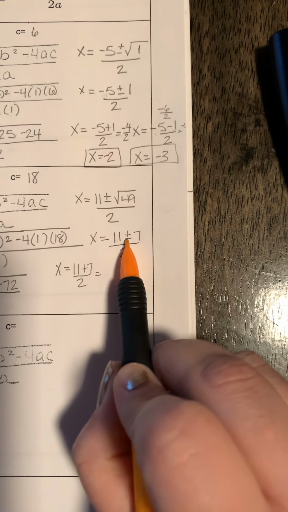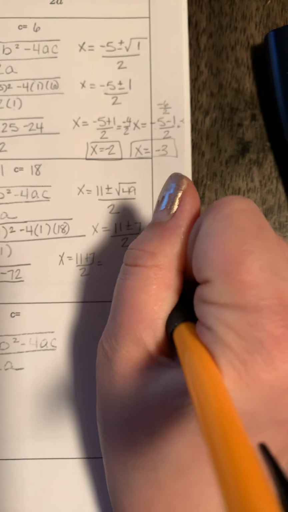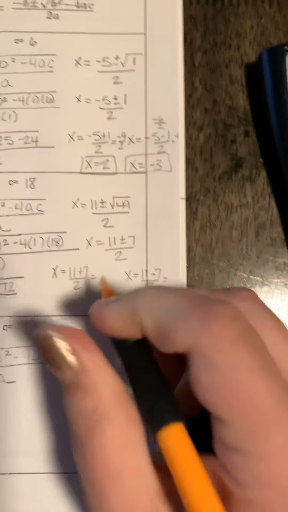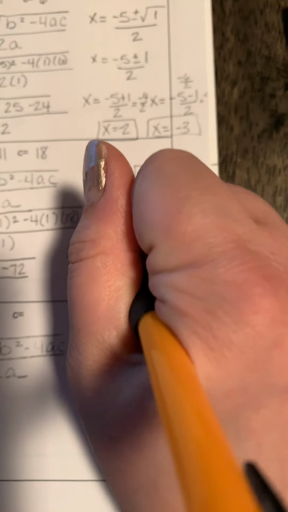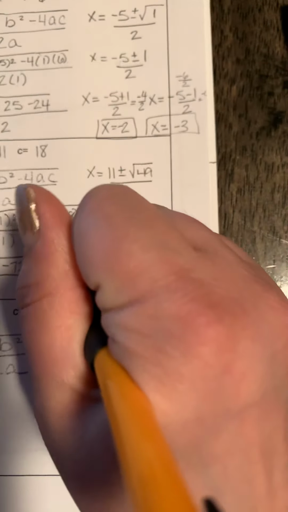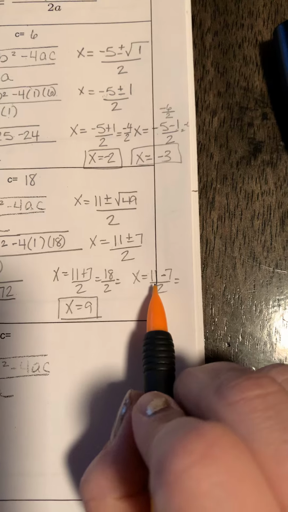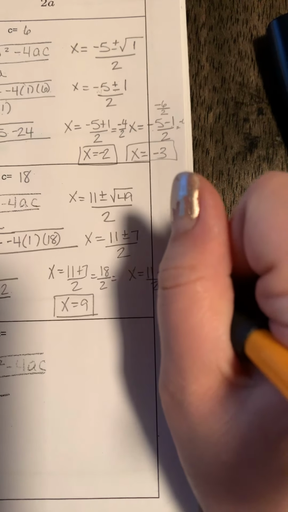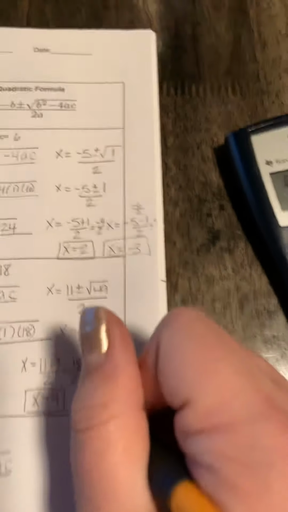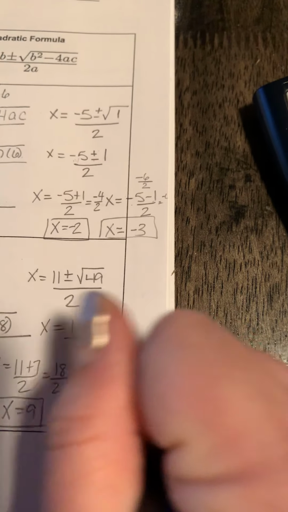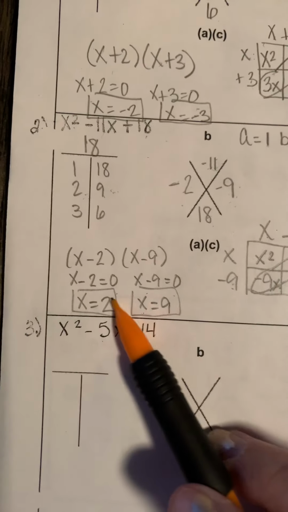And our second equation, 11 minus 7 divided by 2. Okay, 11 plus 7 is 18. Divided by 2 is 9. So x is equal to 9. And 11 minus 7 is 4 over 2 is 2. So x is equal to 2. Which is what we got over here, 2 and 9.